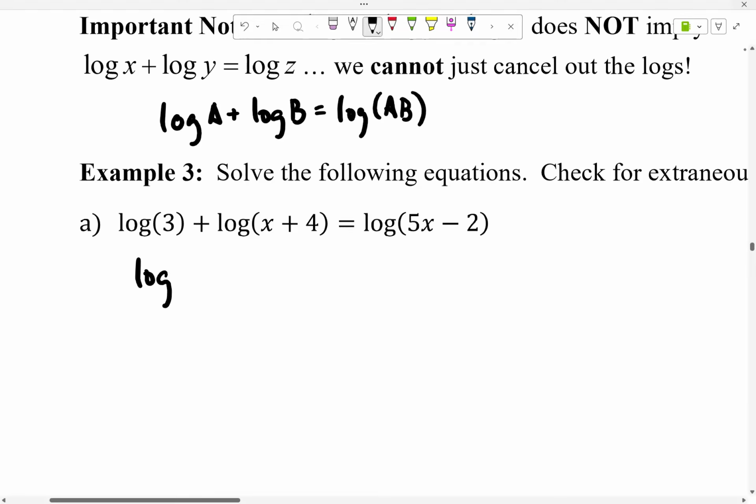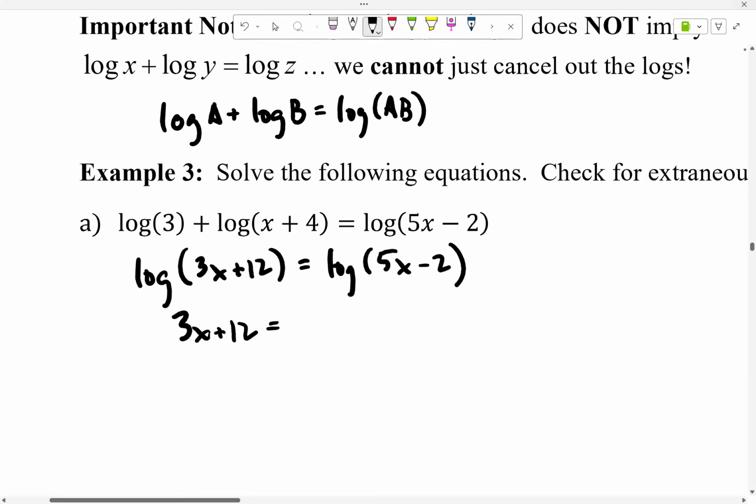So it becomes log of 3x plus 12. And then from here, you can't really divide the log, but you could use a property that since it's 1-to-1, 3x plus 12 equals 5x minus 2, using some very advanced pre-algebra skills now.